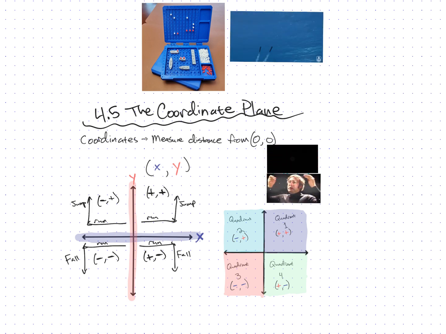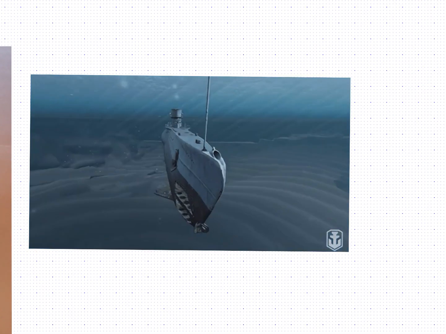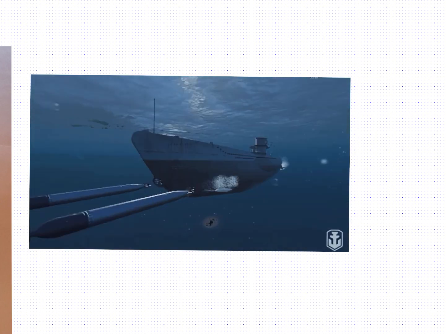For a lot of you, you kind of know exactly what I'm talking about with the coordinate plane. We're talking coordinates. If Battleship sounds familiar, then you're already way ahead of the game. And no, I'm not talking about the battleship where we're shooting torpedoes and trying to sink submarines.